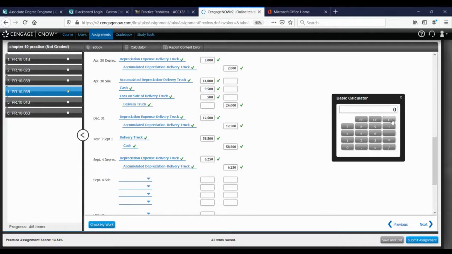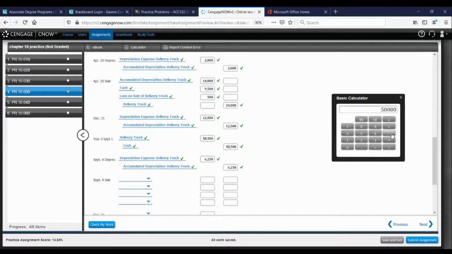We now need to find a new book value at the date of the sale. So we'll take the cost of the asset. The cost of the asset was $50,000.